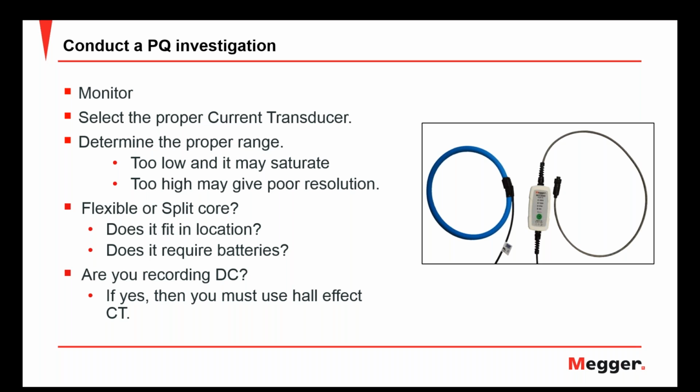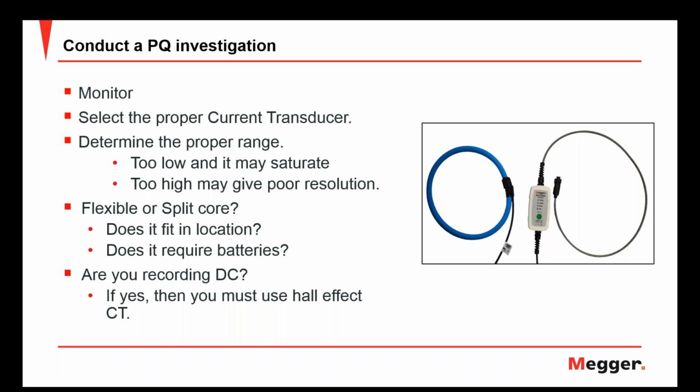Now, do we want to use a flexible or a split core CT? Well, the very first thing you've got to see is what fits the location. If it doesn't fit, it ain't going to work. But if you're going to be measuring very low currents, split core would be more ideal to use. A flexible CT has its benefits. It's easy to get on, but it's much better at higher currents because they use air cores in them.